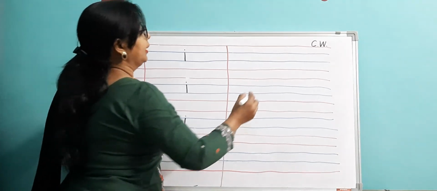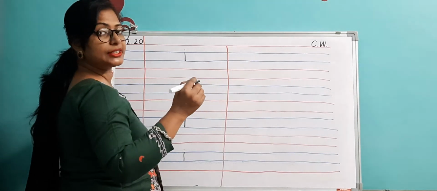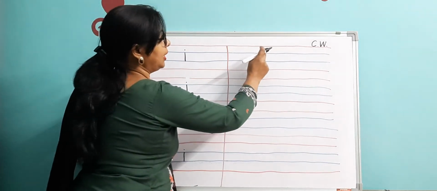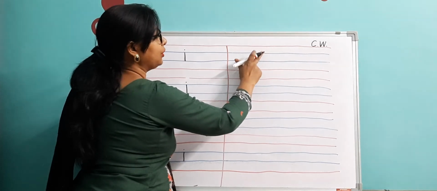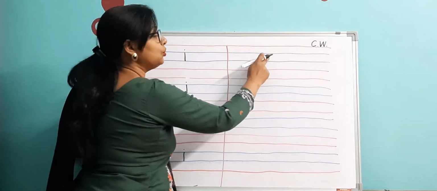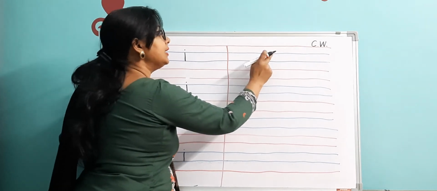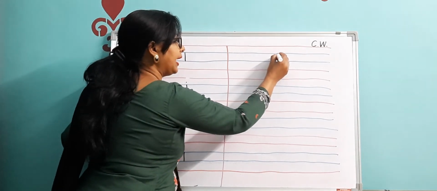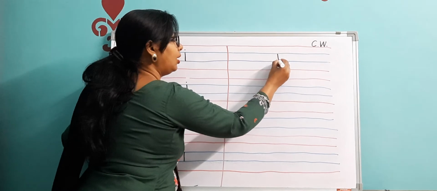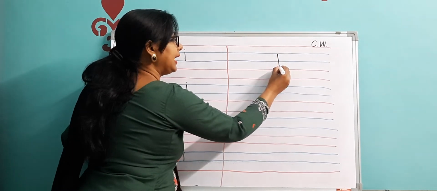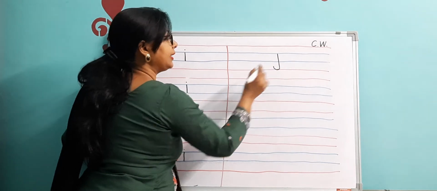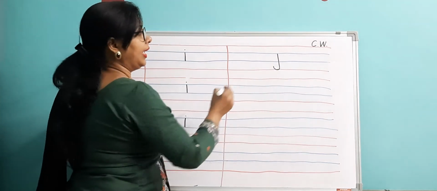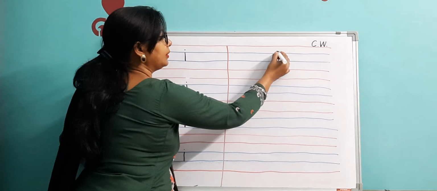And then how do you write a small j? Just watch it. Again, you are going to start from the second line. Leave this first line, and you start from the second line. From the second line, you draw a standing line, come till the 4th line, and then make a curve like this. Right, children? And a dot over here.